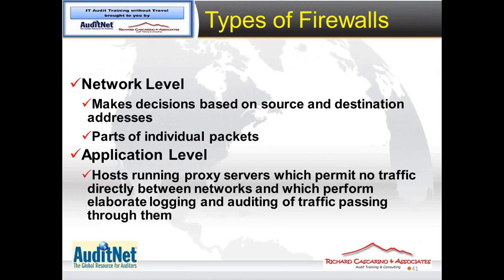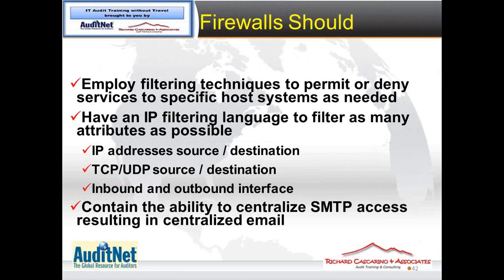So firewalls themselves should be capable of employing filtering techniques either to permit or to deny services to specific host systems as required. And that means you need an IP filtering language to filter out as many attributes as possible. So we can block specific addresses or permit only specific addresses, block destinations or permit only destinations.